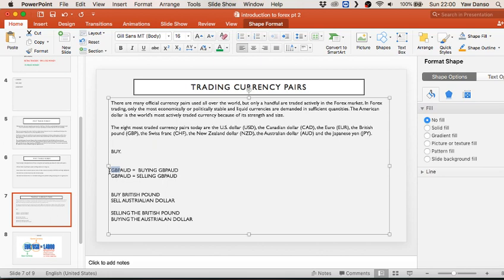So all the 26, if you're buying, you're actually buying the first one and selling the second one. And if you're selling, you are selling the first one and buying the second one, sorry. Does that make sense?